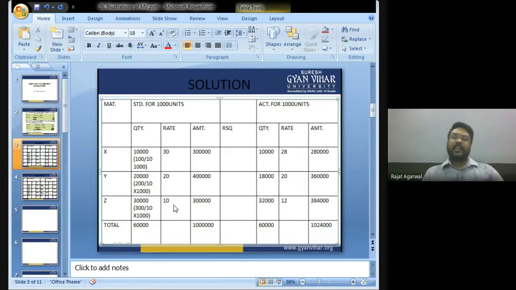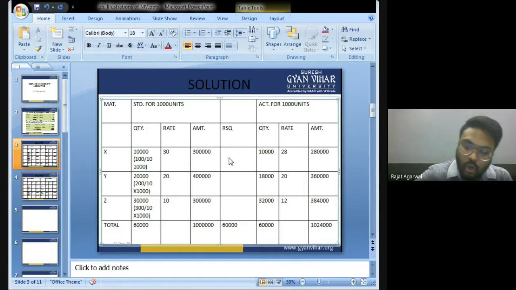Now revised standard quantity, I told you how you are going to calculate revised standard quantity. Total actual material will be distributed in the ratio of standard material. So total actual material is 60,000.